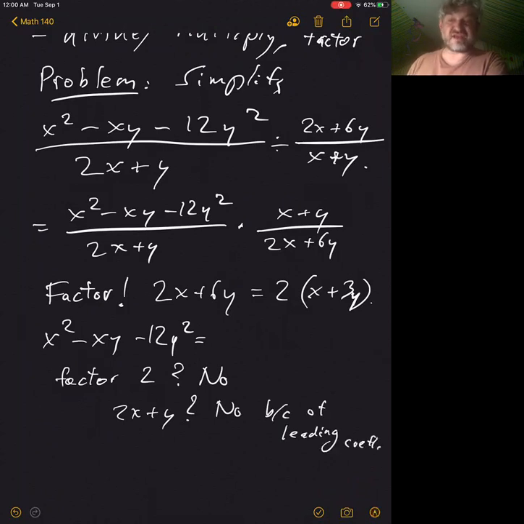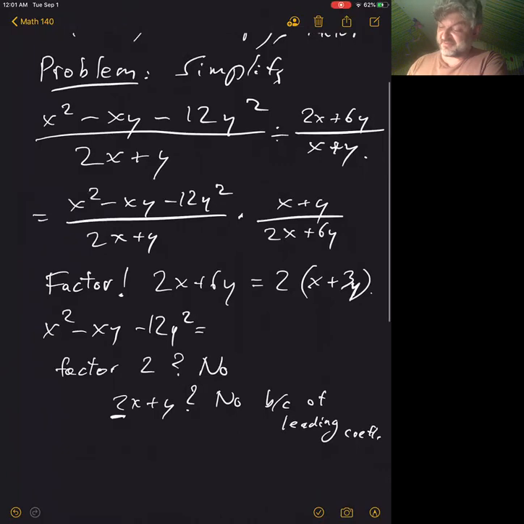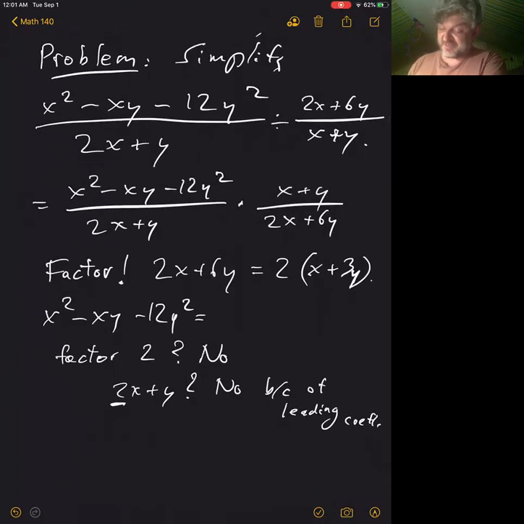We want to stay in the realm of integers, polynomials with integer coefficients, and the leading coefficients of two polynomials multiply whenever you multiply the polynomials. You get the leading coefficient of the product. So you could never get a leading coefficient 1 in the product if your factor has a leading coefficient 2. So that is the reason why 2x plus y cannot possibly be a factor of x squared minus xy minus 12y squared. It leaves me with the x plus 3y.